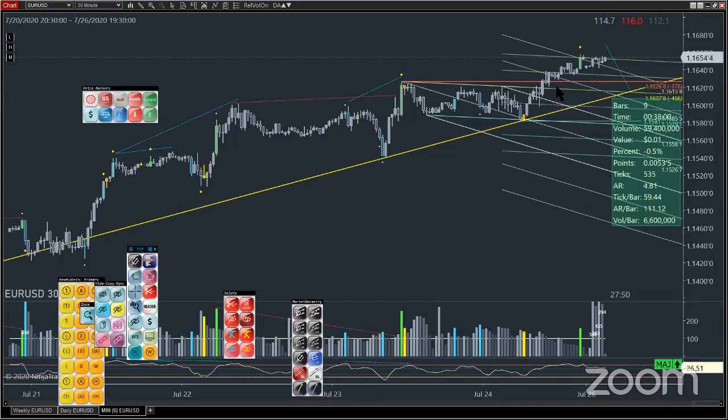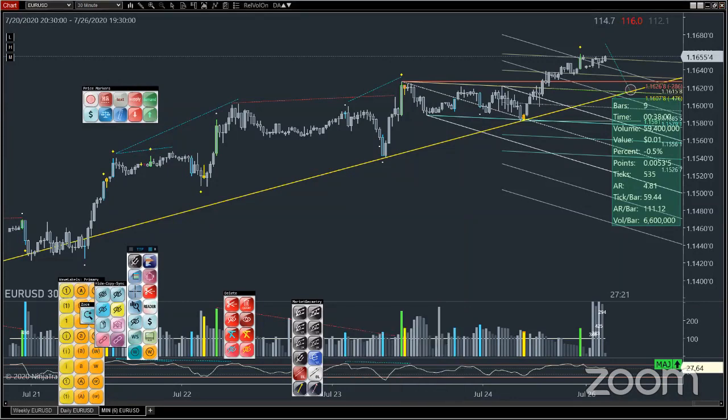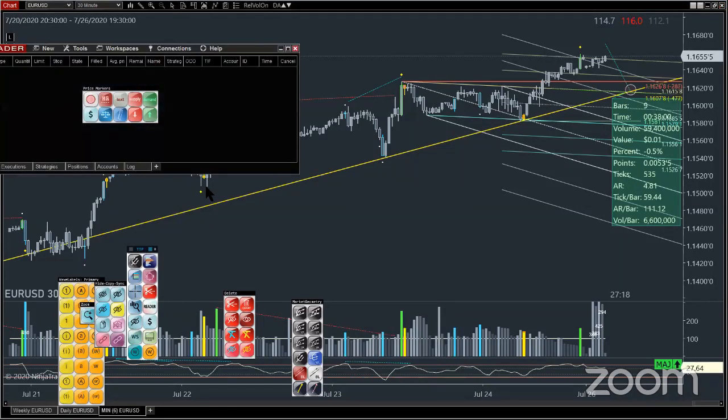And then hopefully that kiss goodbye line there. And that's all coming together pretty well, perfectly. Right there. So a lot of ticks. It says ticks, but I guess that's pips, huh? It's kind of funny. I want to say you can change that as well. I'm pretty sure you can edit the instrument and change those settings.